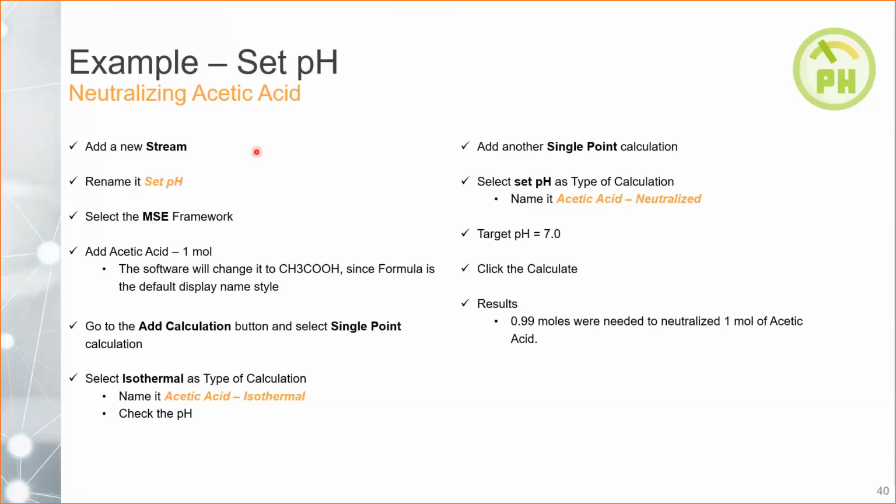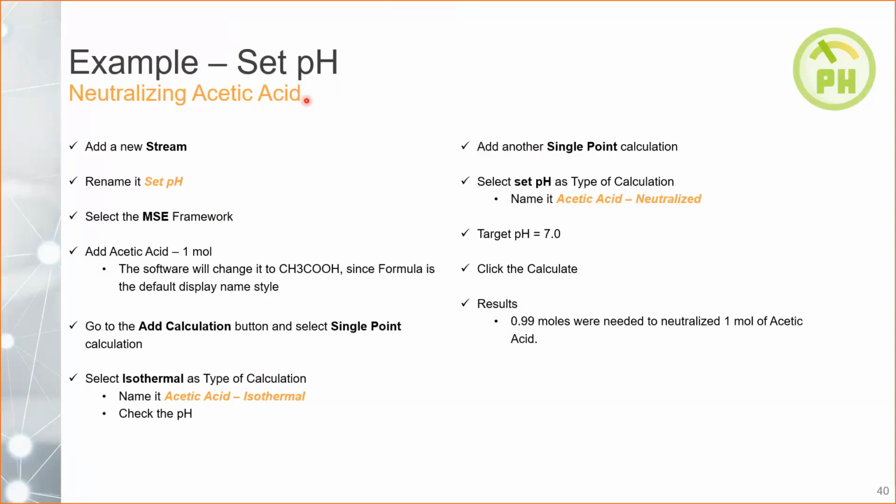This set pH calculation I have usually seen used for analyzing or designing a process, but it could also be used to meet an operational pH to reduce corrosion rates, maybe in pipelines. Another example could be neutralizing a waste stream for its subsequent disposal.